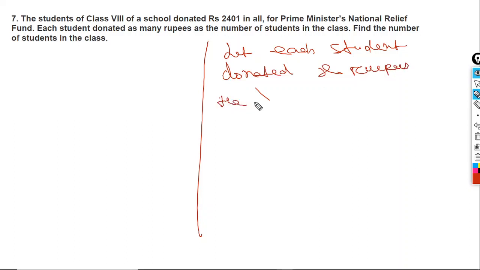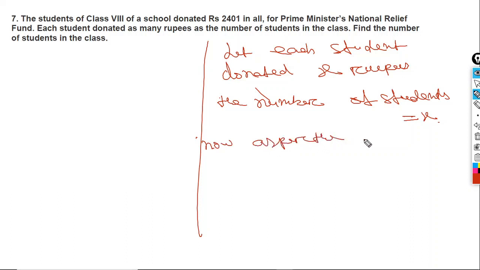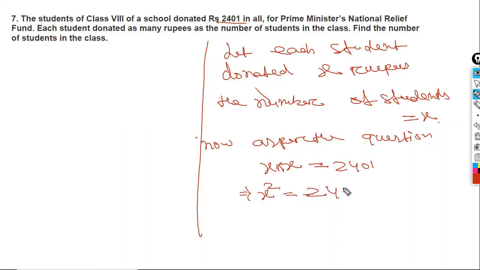Then the number of students is also X. Now as per the question, X into X will be equal to 2401. This implies X squared equals 2401, which implies X will be equal to the square root of 2401.